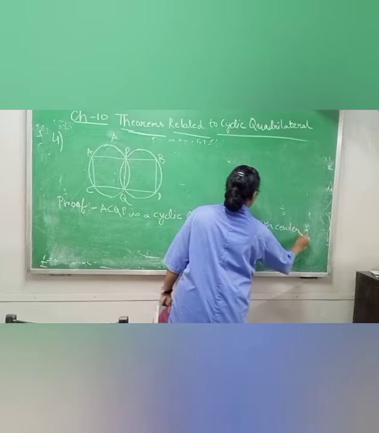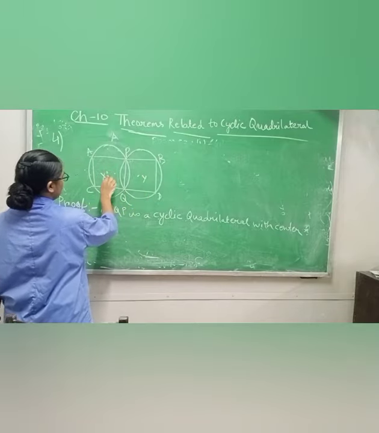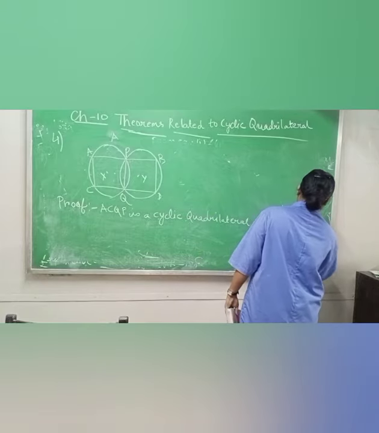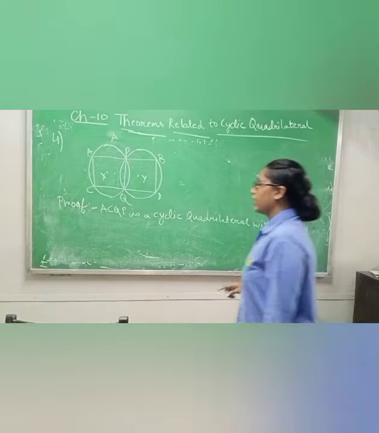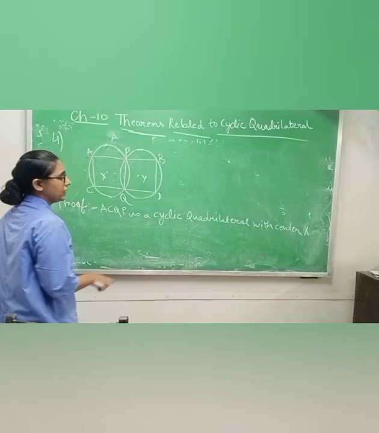Now take center names also, X and Y. I am taking center name X and center name Y. So I am writing ACQP is a cyclic quadrilateral with center X.